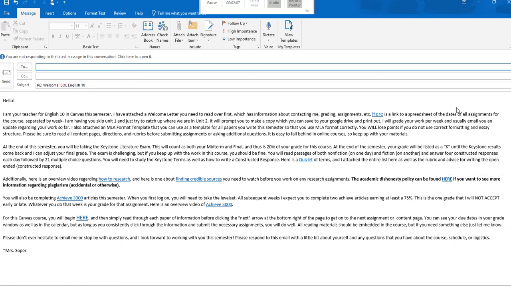I do expect that, because the academic dishonesty policy is pretty severe if you use any facts, ideas, or specific wordings that didn't come from your own head, that someone else came up with and you are referencing, but you don't include the author. So you have to do that in the essay itself and in a works cited.